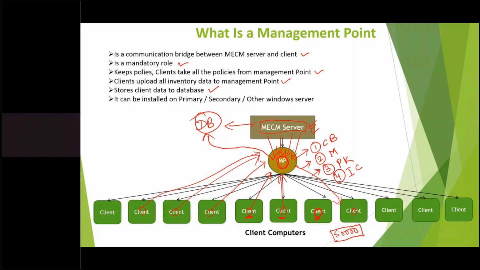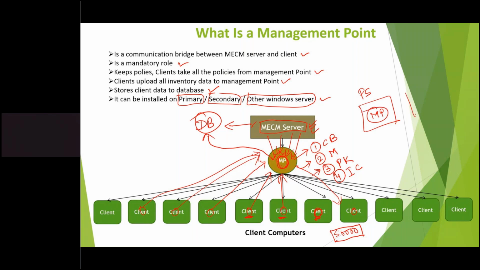Now where will you install this role? You can install this on primary, secondary, or any other Windows server. For example, if you have a primary site, we can install the management point on the same server.